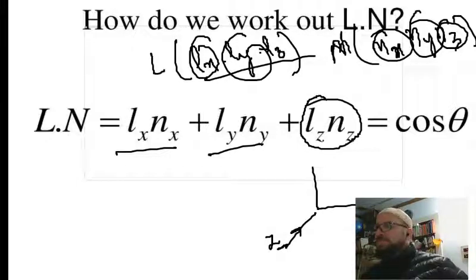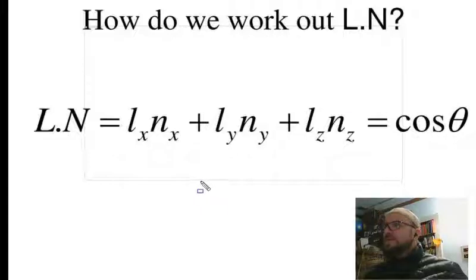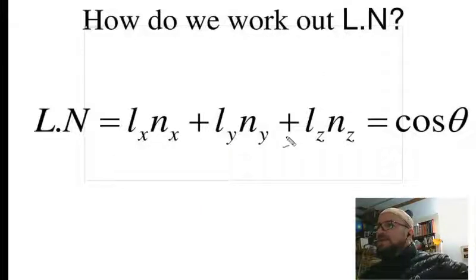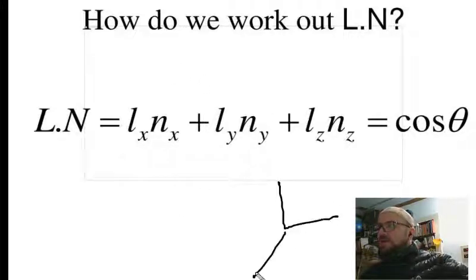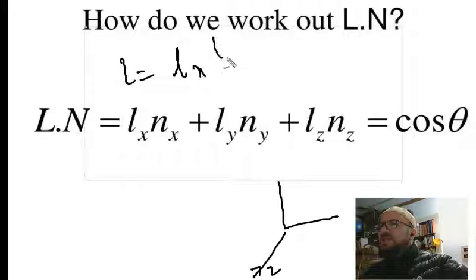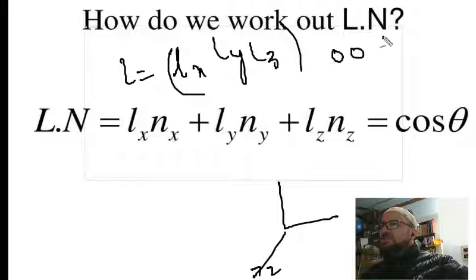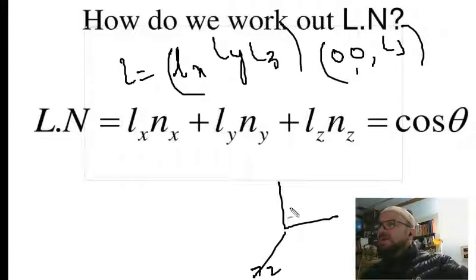What that technically means is that L, which is made up of L of x, L of y, and L of z, is actually 0, 0, L of z, because L of x and L of y don't matter. Because we are watching from the z-axis, the x and y components become 0, and it's only L of z.